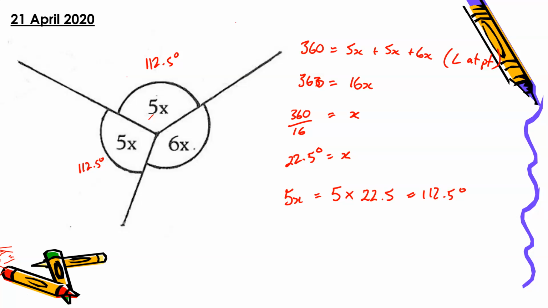And then the last angle, 6x, is 6 times 22.5, which is 135. Okay, 135.